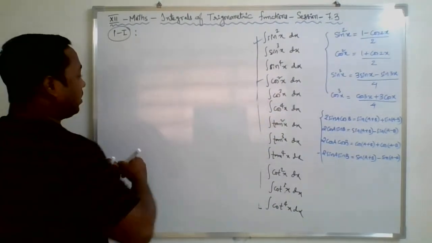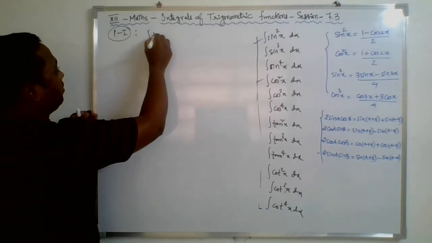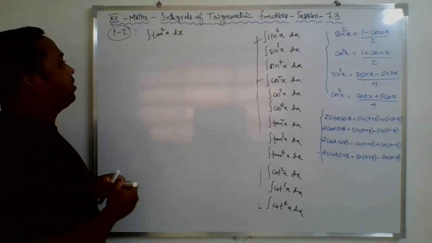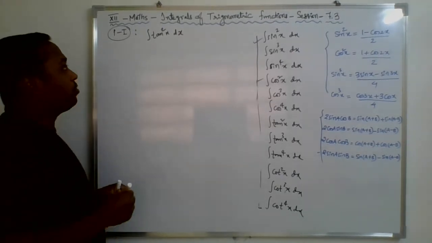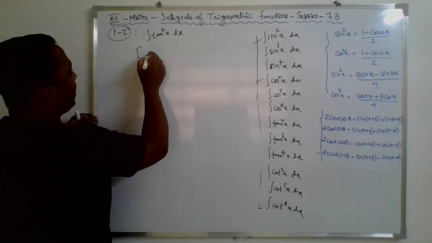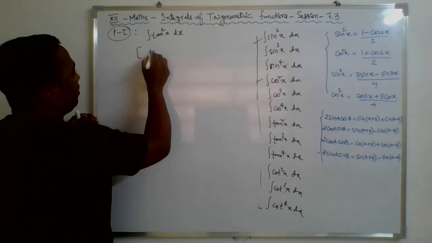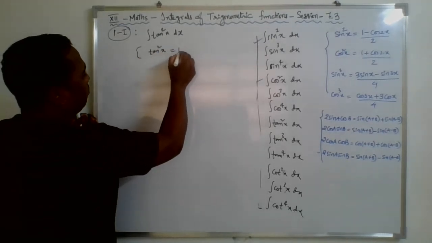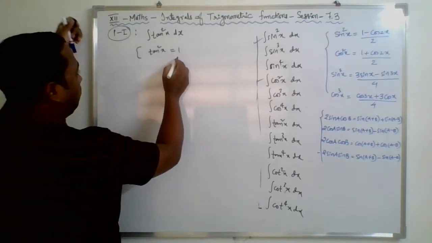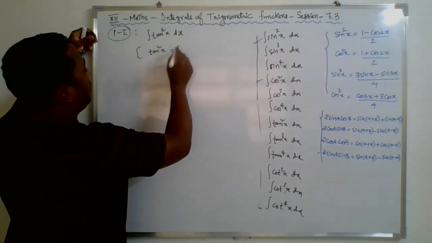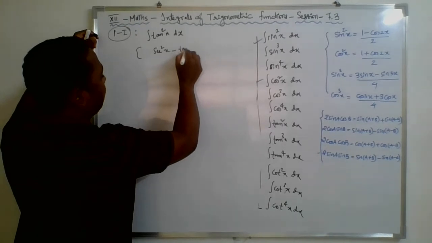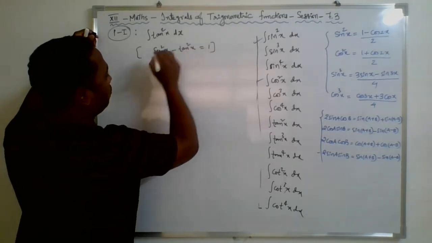Fine. I'm taking the tan square x question here. We don't have a formula directly for tan square x, so first we'll convert it into another form. I'm writing the identity in the usual manner first: sec square x minus tan square x is equal to 1.